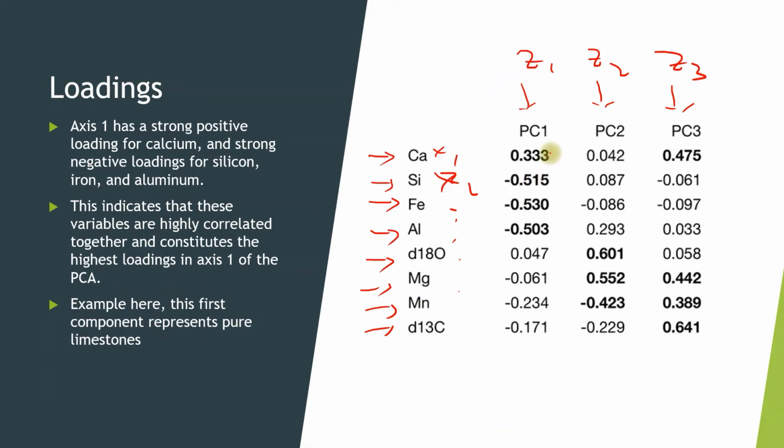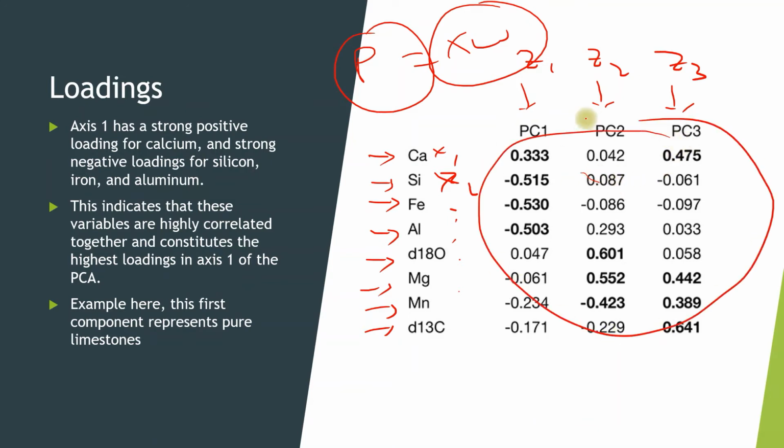These are the principal components, that is the value of p that you got in there. Remember, p is equal to x times w. That's what you got as p. So this is what we are referring to when you look at these principal component loadings. We call that the loadings, all right?